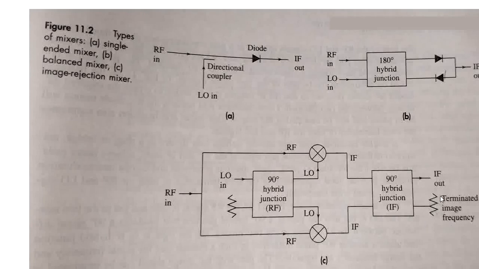By using a proper value of matched load. Whenever we use a proper value of matched load, it will eliminate the image frequency component present in the IF signal. And at the other port we get the intermediate frequency output. This is the working of your image rejection mixer.